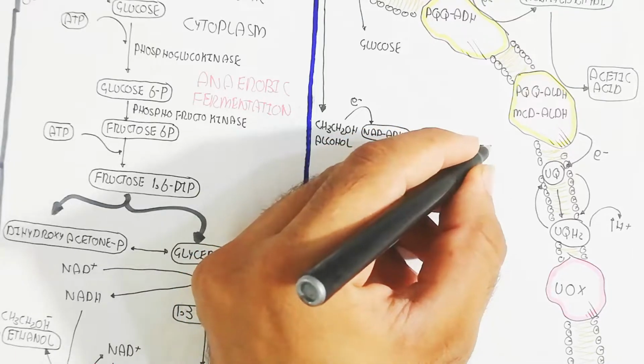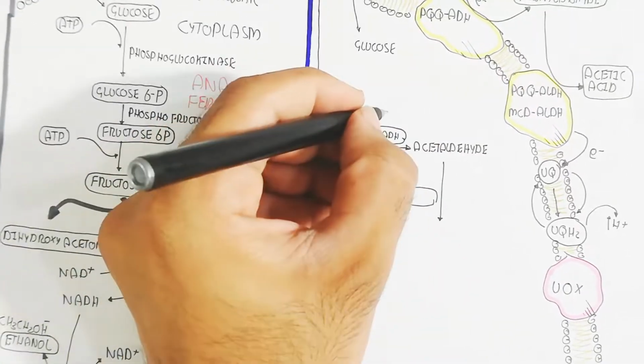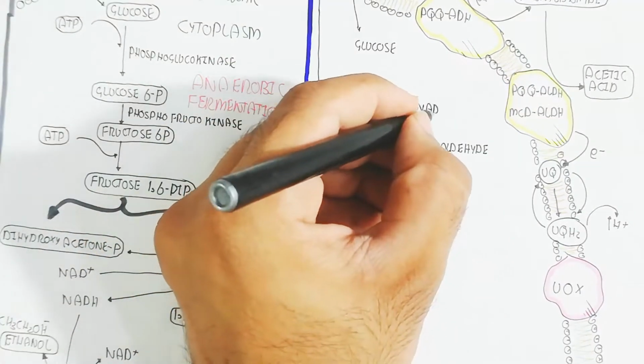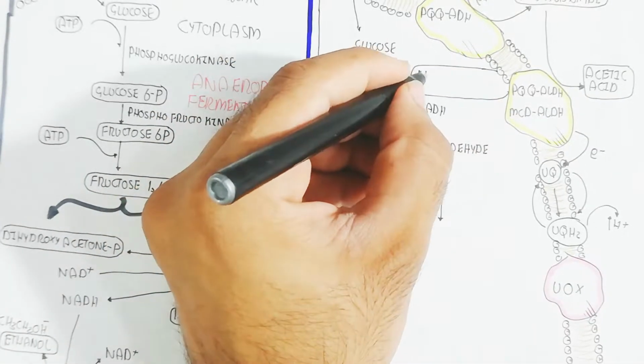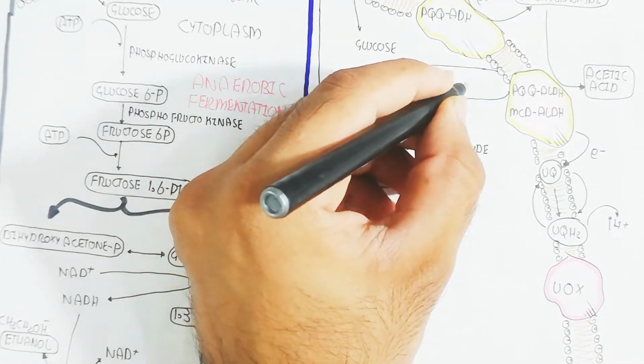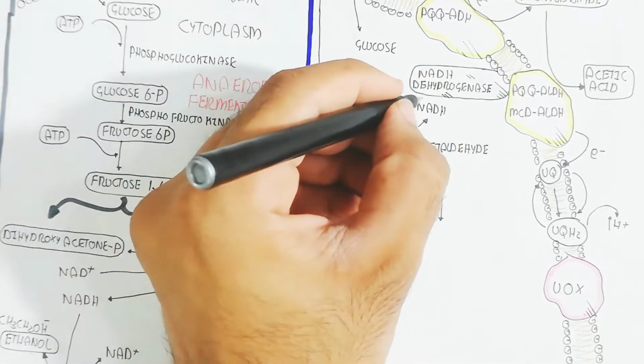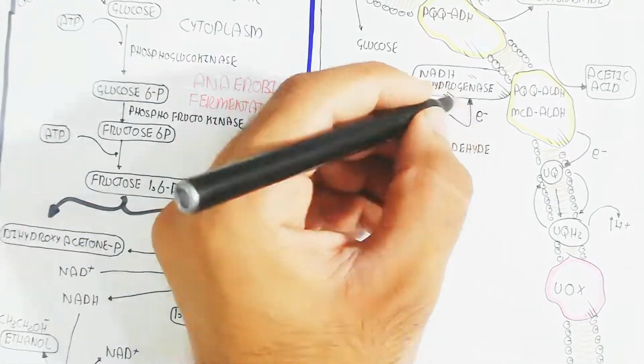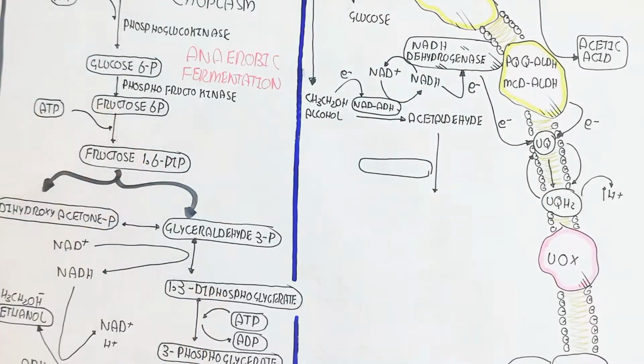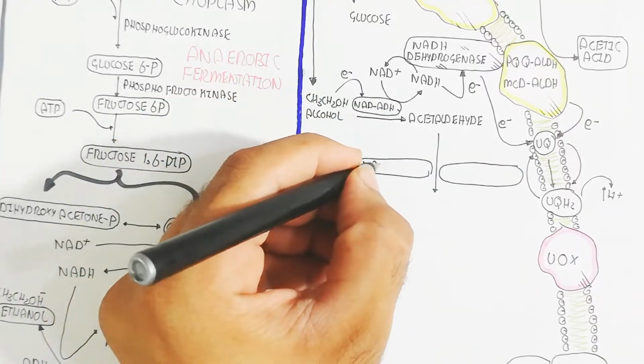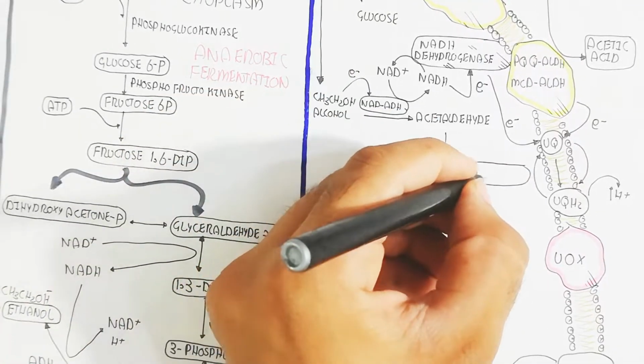This ethanol will convert into acetaldehyde intracellularly. If so, the NAD acetaldehyde dehydrogenase enzyme is used to produce acetaldehyde, while here the NADH dehydrogenase enzyme is used to fix the ubiquinone to convert it to ubiquinol.